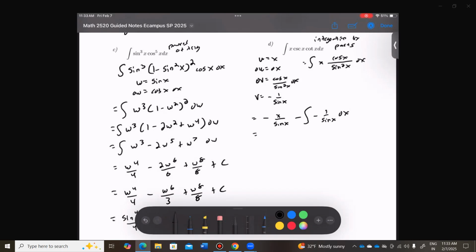And so this is negative x over sine x plus the integral of cosecant x dx. And then integral of cosecant x is natural log of cosecant x plus cotangent x. Plus c.